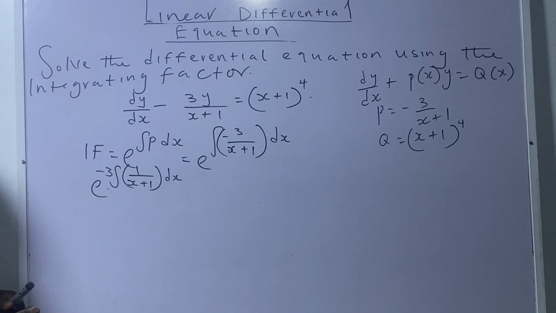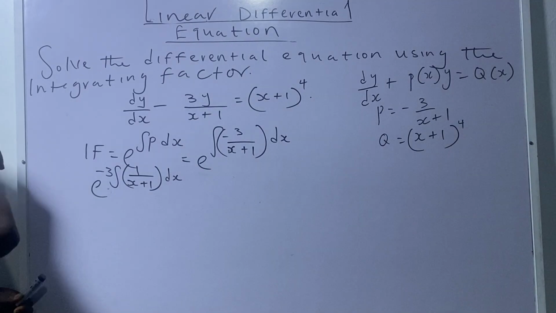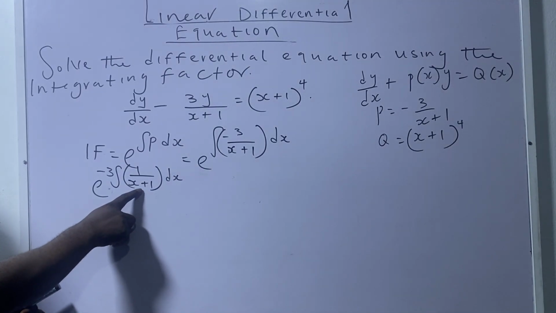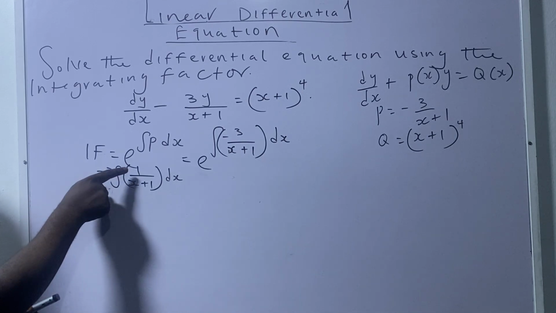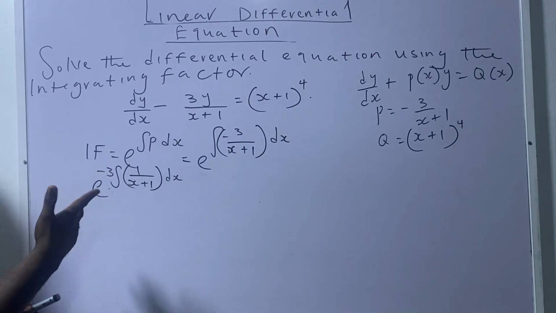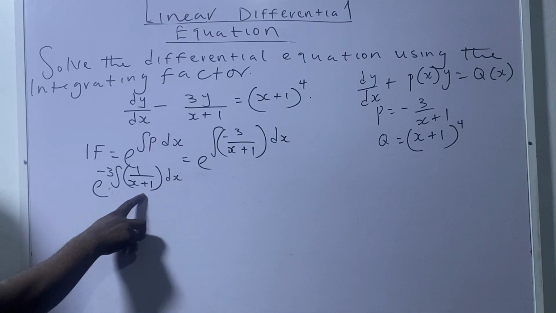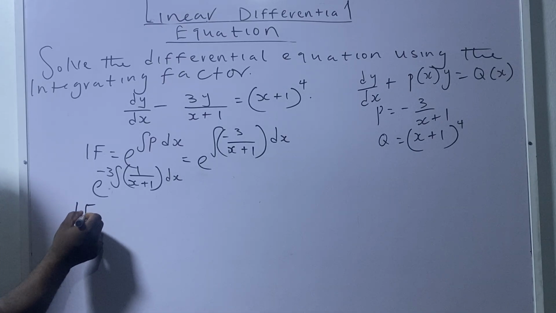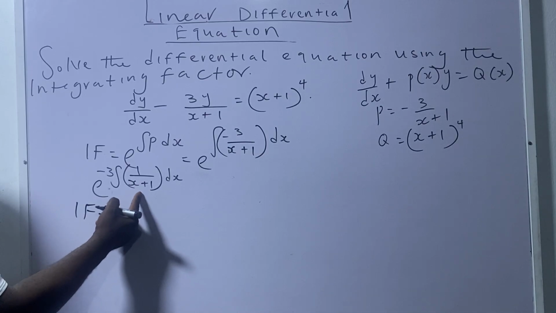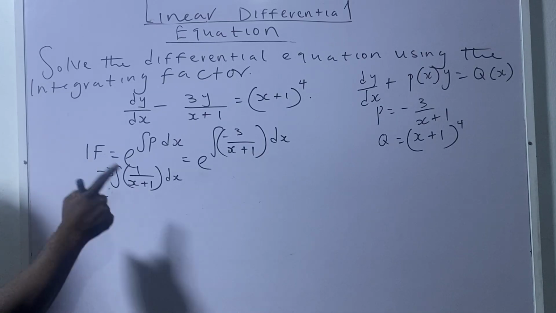So there's a rule in integration that whenever the derivative of the denominator can give us the numerator, our answer becomes the ln of the denominator. What I mean is, if I differentiate this denominator, what am I going to have? 1.